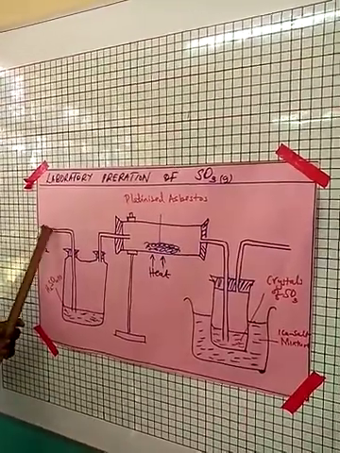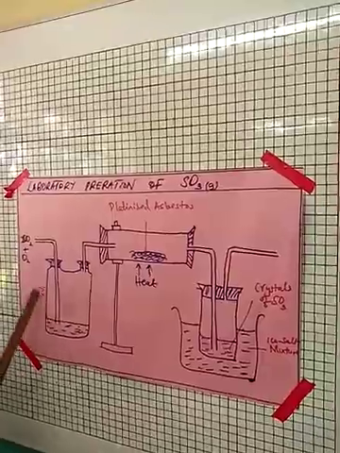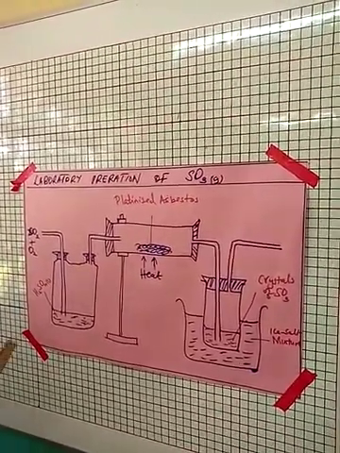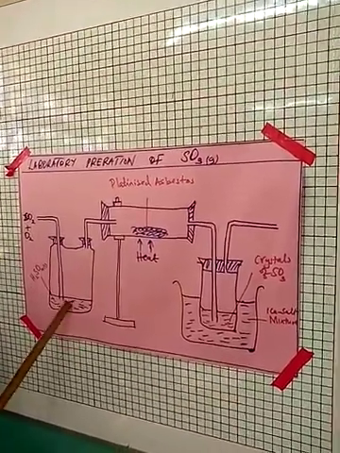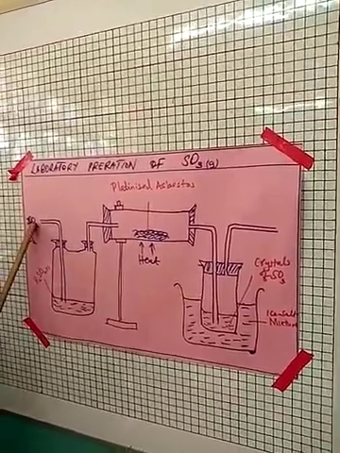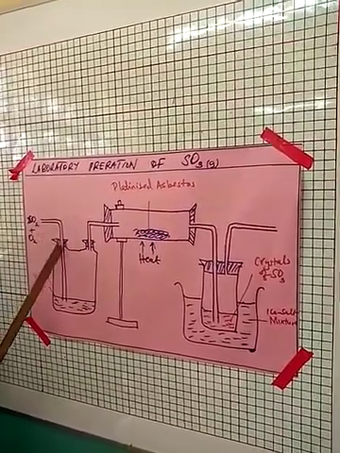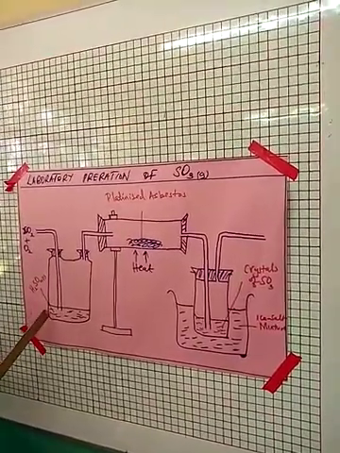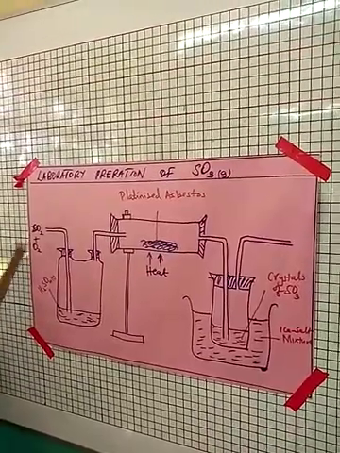This is sulfur 4 oxide getting into this particular reagent bottle, which contains concentrated sulfuric acid. This one is H2SO4 liquid. It shows that it's sulfuric acid. So this sulfur 4 oxide combined with oxygen passes through this concentrated sulfuric acid, the essence of which is to dry the gases.